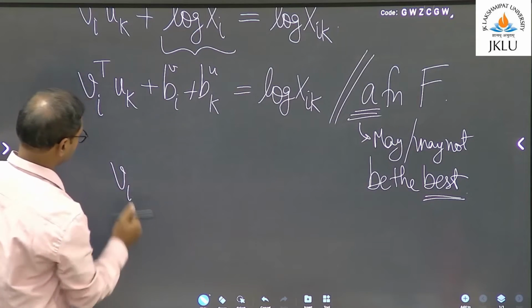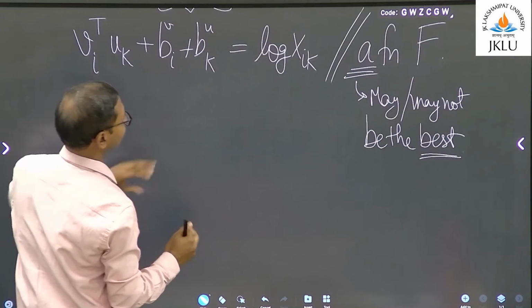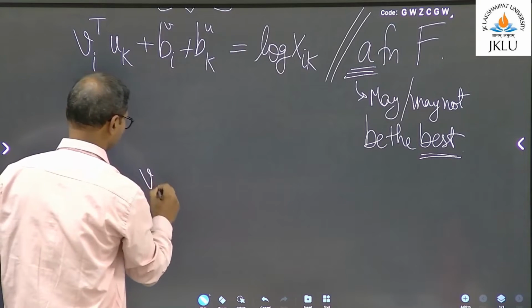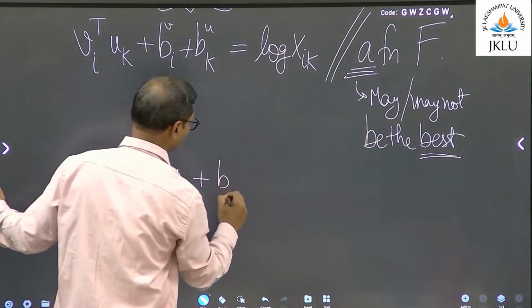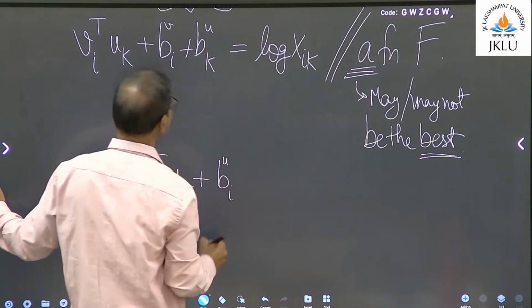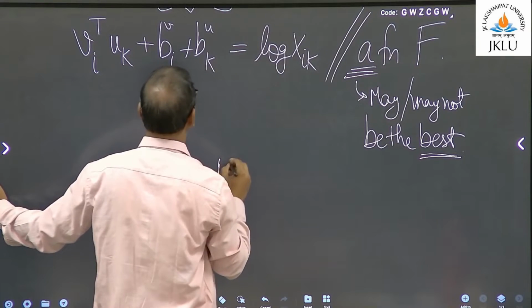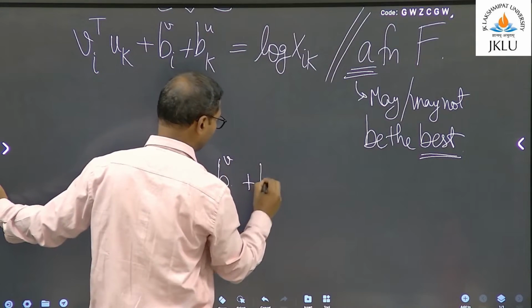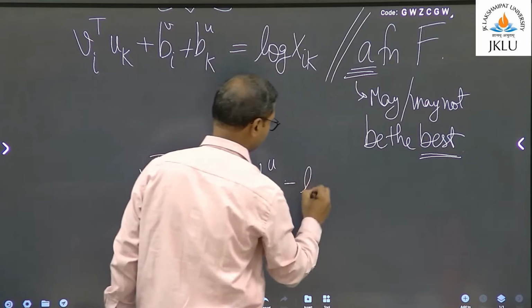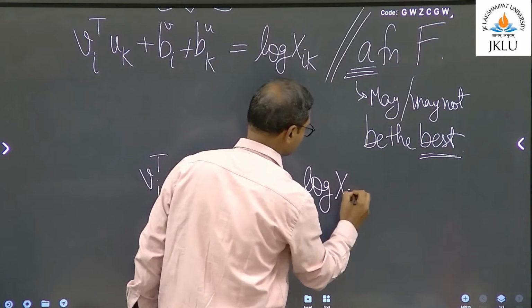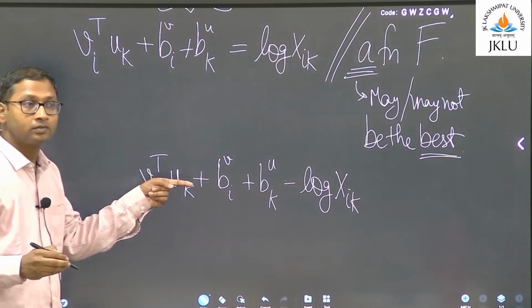Vi transpose uk plus bi, when bi is the center word and bk when it is the context word, minus log xik. Okay. This is our cost function.